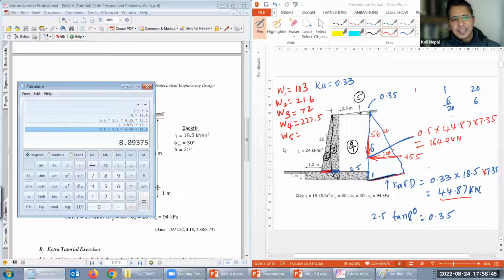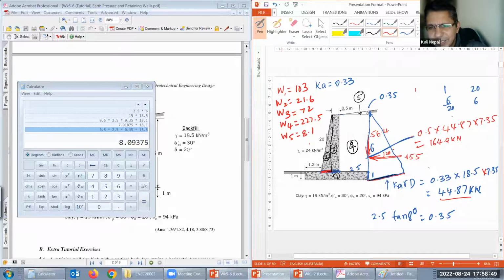So 8.1. Look how small that is compared with the bottom one, 277 and 8. So we've got all the weights, everything ready now.